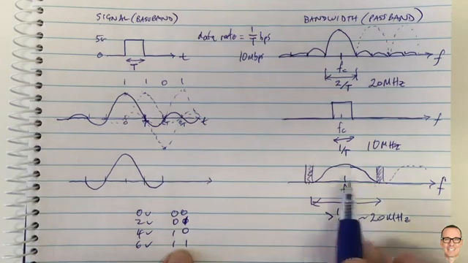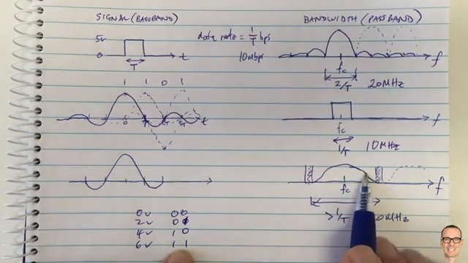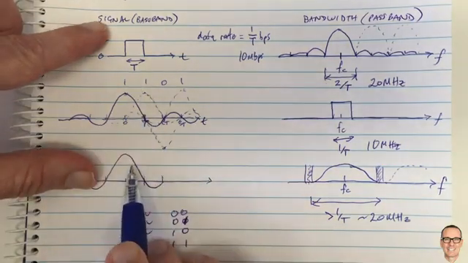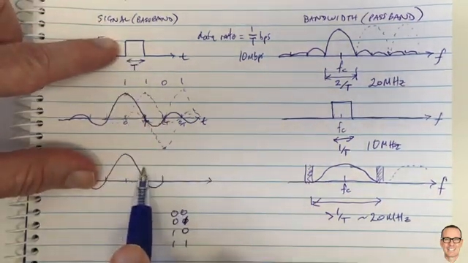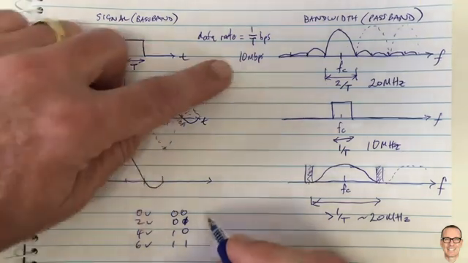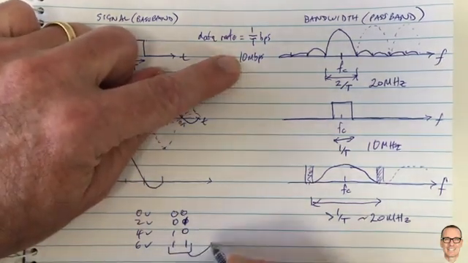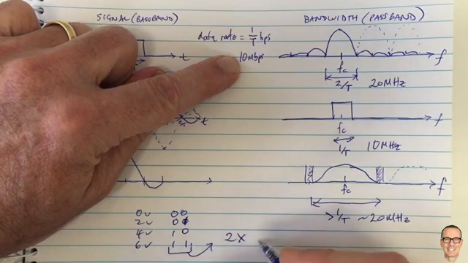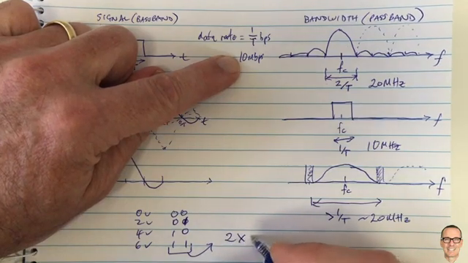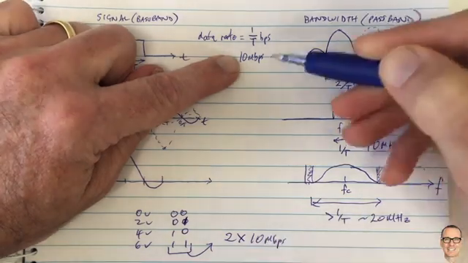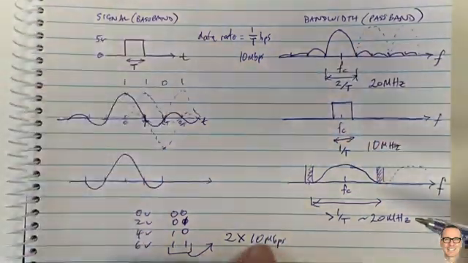So now, in the same bandwidth, we would now be sending 2 bits, where previously, in binary, where there's only 2 levels, you're only sending 1 bit. So this would multiply the data rate by 2. So in this case, with 2 bits, you get a 2 times increase in the data rate. So it would be 2 times 10 megabits per second in our example of 10 up here.